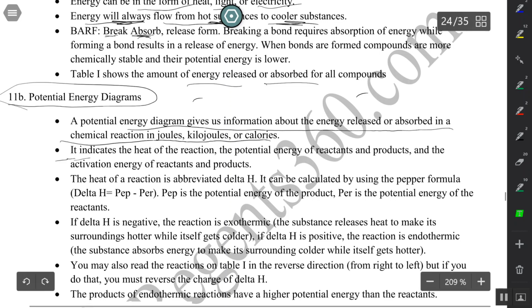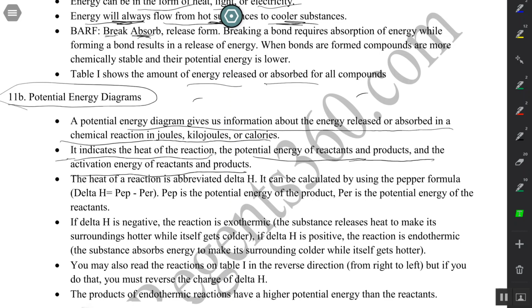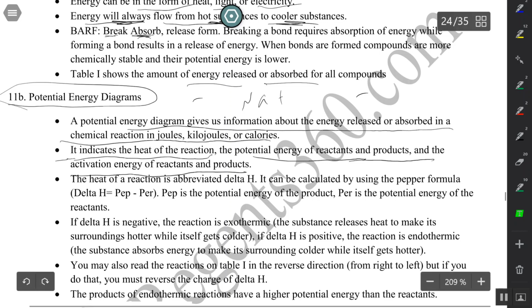Now, a potential energy diagram also indicates the heat of a reaction, the potential energy of the reactants and the products, and the activation energy of the forward and reverse reactions. Activation energy is defined as the energy needed to drive the reaction in the forward direction or in the reverse direction. So let's say, for example, Na plus Cl yields NaCl.